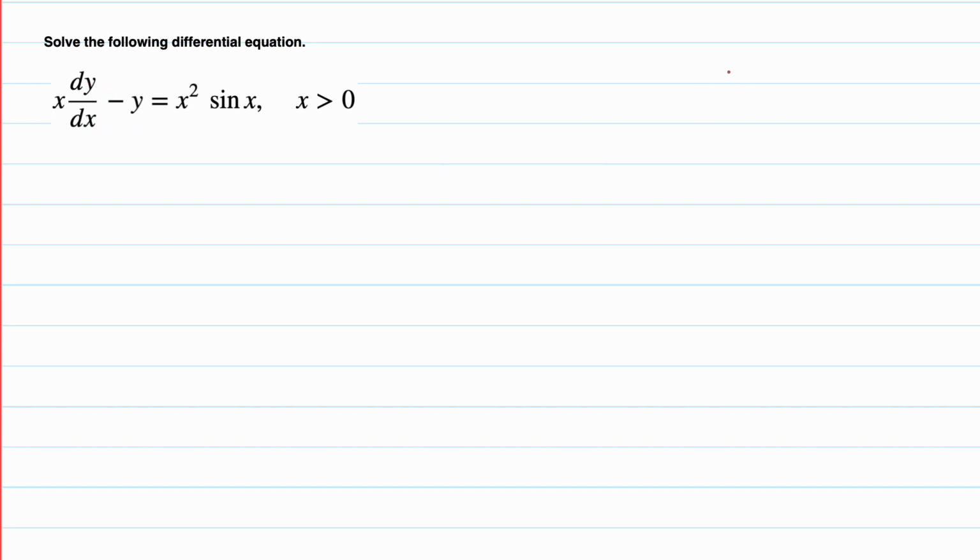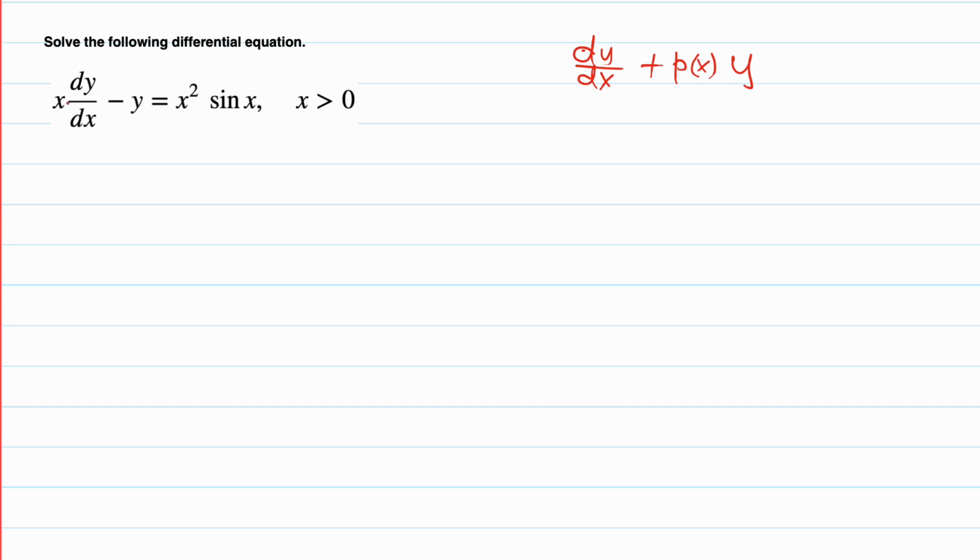So we know that when we have y times some function, let's say p(x), a function of the independent variable x, plus its derivative dy over dx, and some function of the independent variable as well, we can divide through by that.